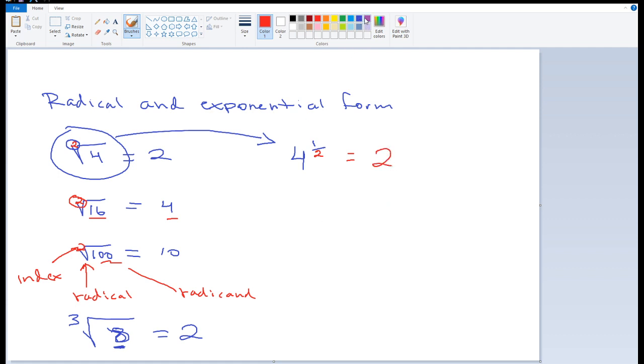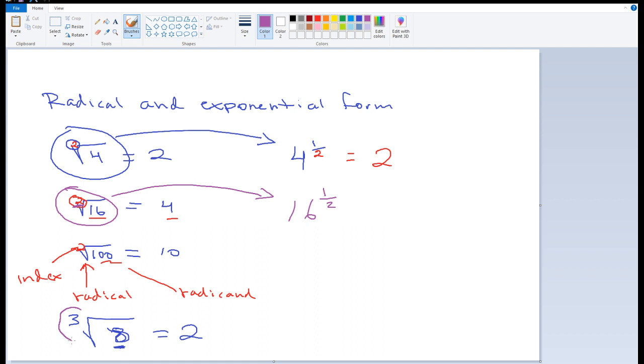Same thing for the next number, the square root of 16 here. I can rewrite this as 16 raised to the 1 over whatever index this is, 2.